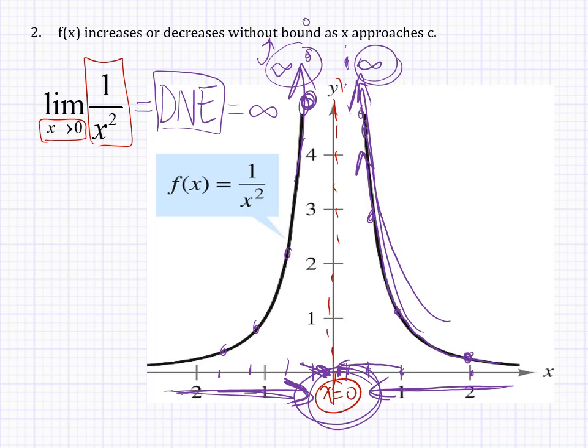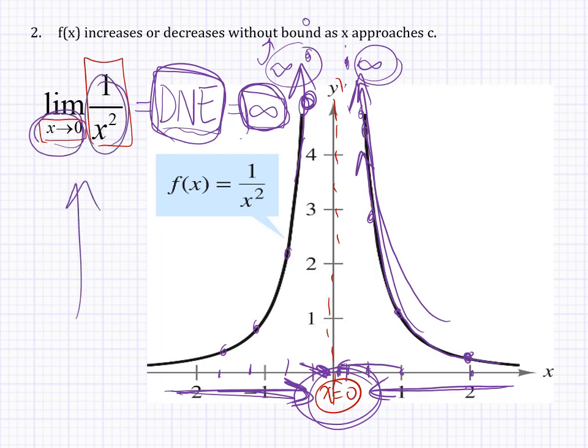Because what that does is it gives me two things. By writing infinity, it's not a finite value and therefore it's assumed that the limit does not exist. But two, it's telling me why the limit does not exist. This just tells me does not exist, and that's it. I don't get anything out of it. But this is telling me why it does not exist. It doesn't exist because as I approach 0 from both directions, this function increases without bound.